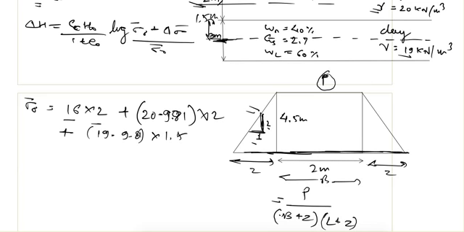So from here sigma naught is equal to 66.165 kilonewton per meter square.